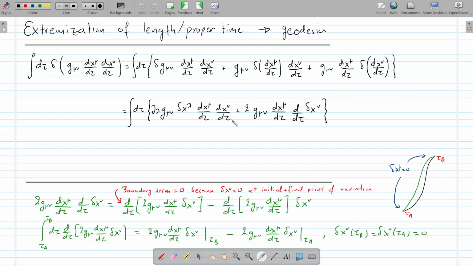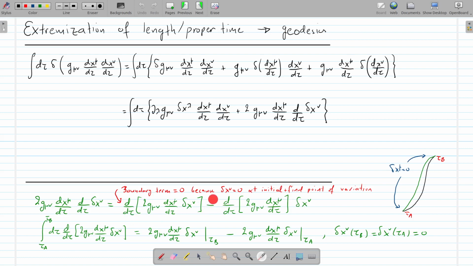And now we will do a partial integration so that we will factor out the variation delta x nu. Let me remind you how to do that in these variational games. We have this term involving the derivative of the variation, and we can write that as the total derivative of the term minus the derivative acting on everything else but the variation.